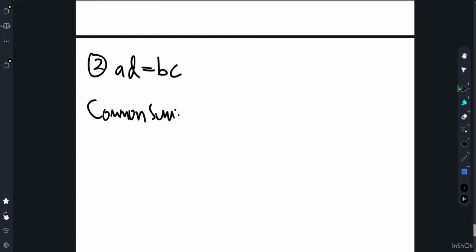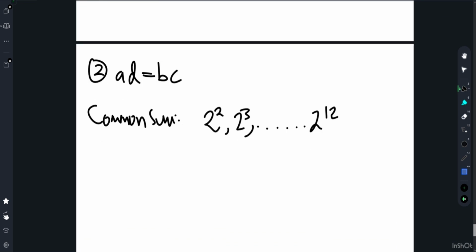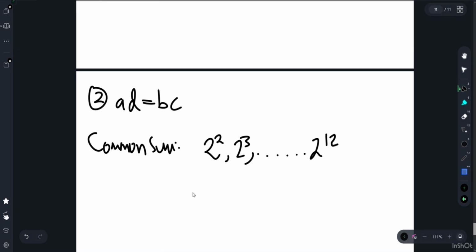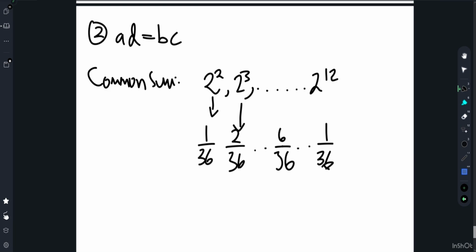It can equal 2 squared, 2 cubed, all the way to 64 times 64. The probabilities of these happening are 1 over 36, then 2 over 36, and respectively all the way until 1 over 36, with the middle at 6 over 36, when the value is equal to 2 to the 7.